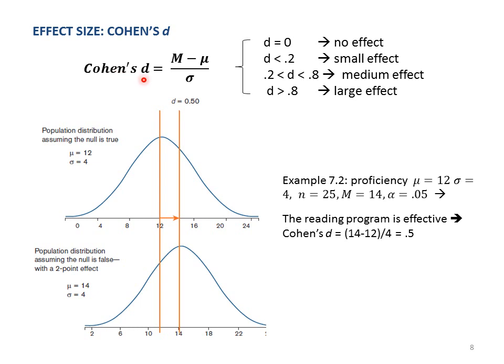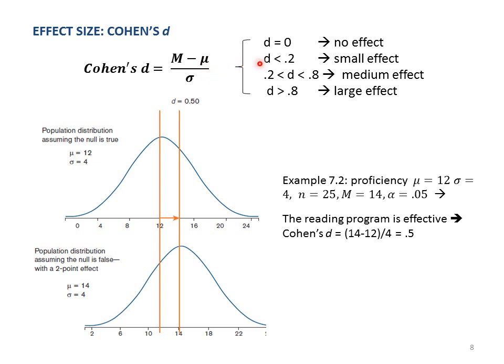Cohen's d effect size measures the number of standard deviations an effect shifted above or below the population mean. That's why when d is 0, there's no difference between the sample mean and population mean. So we say it's most meaningful to report d with significant effects.